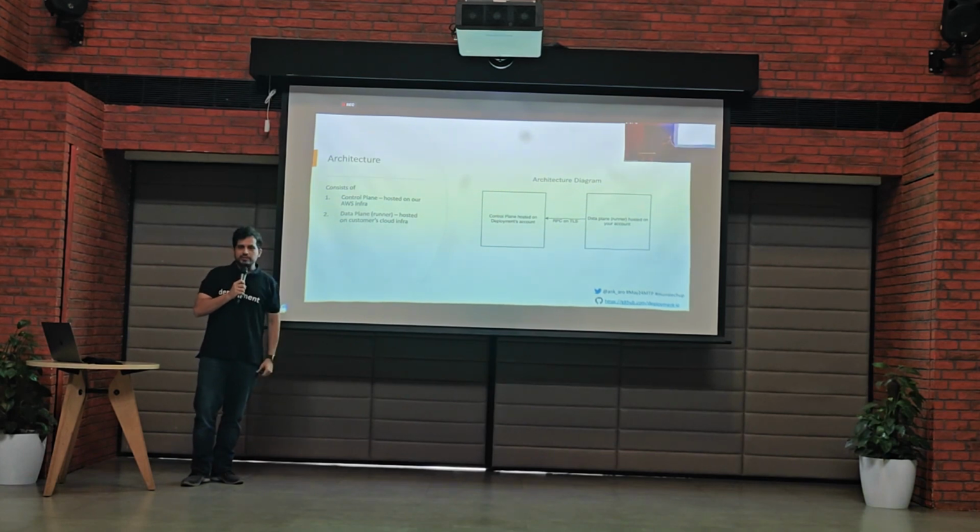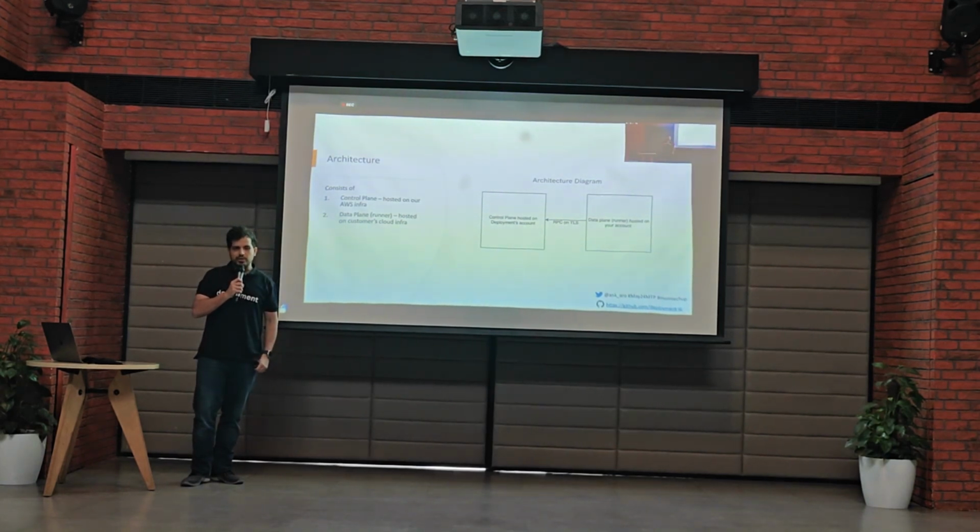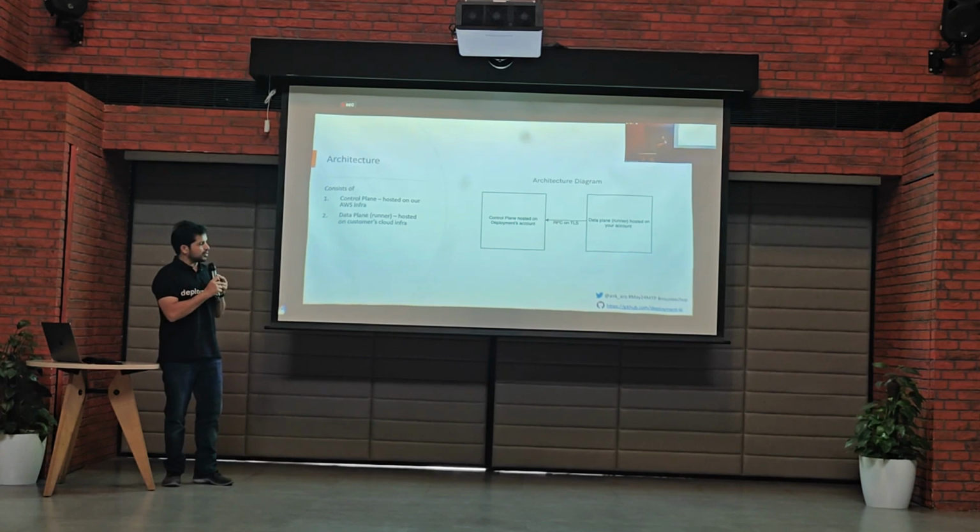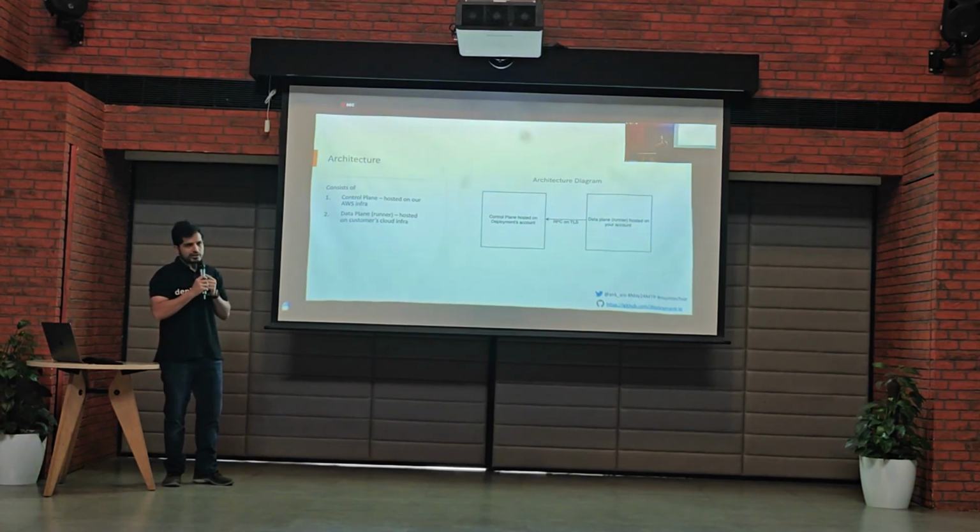When we started the design, we got a lot of inspiration from other systems like Kubernetes and other deployment engines. Our deployment engine consists of two parts: a data plane and a control plane.